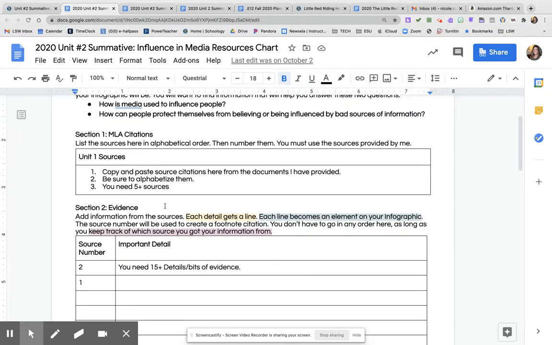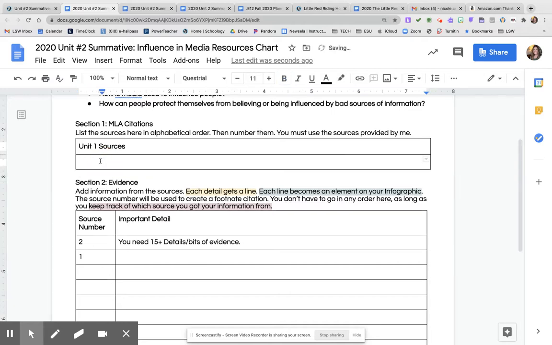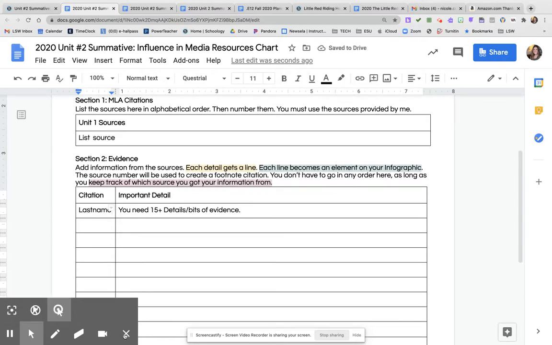But for this point, what I want you to do is just keep your source list here, and you're going to list your sources here, and then you can put your citation here. It would be something like the author's last name, so that you can know where you got your information, and that's where you'll put it here.